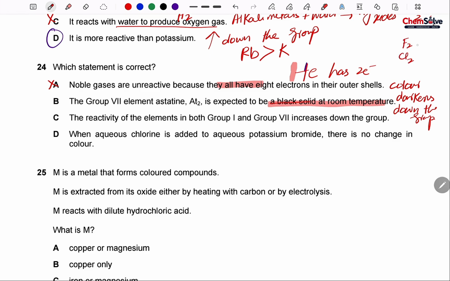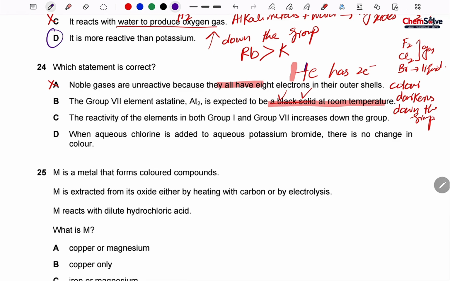Fluorine and chlorine, the first 2 elements, are gases, then bromine is a liquid, and below bromine they are solids. So both of these statements are correct. Black, the darkest color, and solid. So our correct statement seems to be B, but we will look at C and D as well.